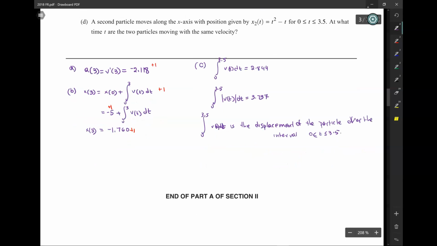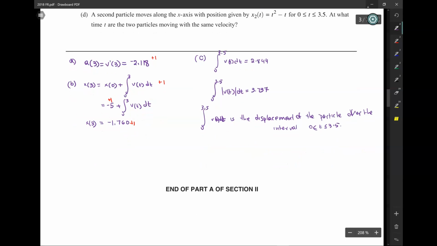If you want to do interval notation, go right ahead. The other one is the total distance traveled, use that word total, over the interval 0 to 3.5.